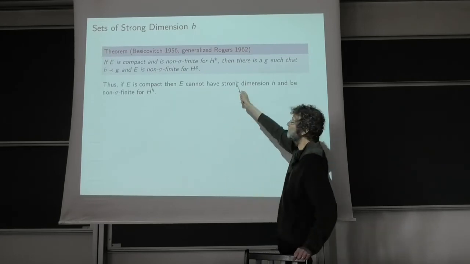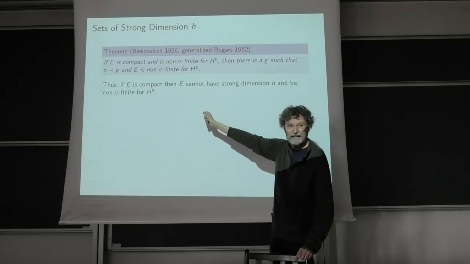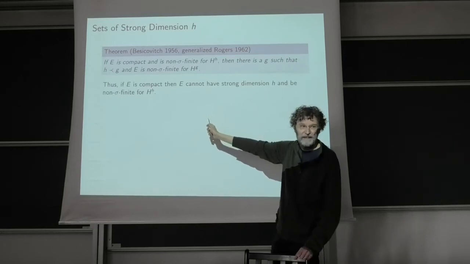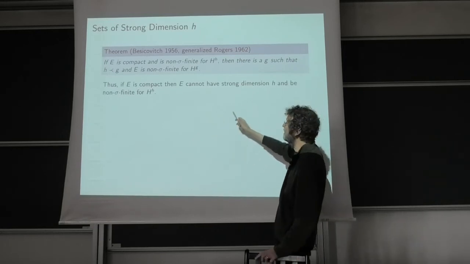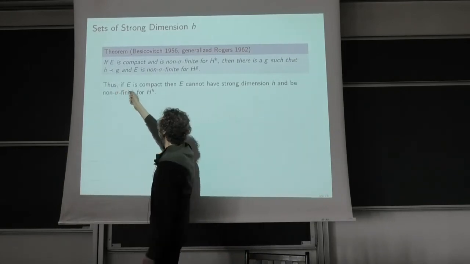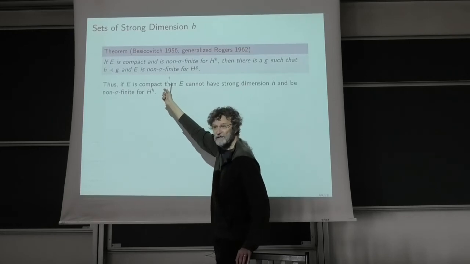It can't be really, really big. It can't be non-sigma finite. It has to be a countable union of things that have finite measure, because otherwise, you could find something off to the right so that E still looks large.